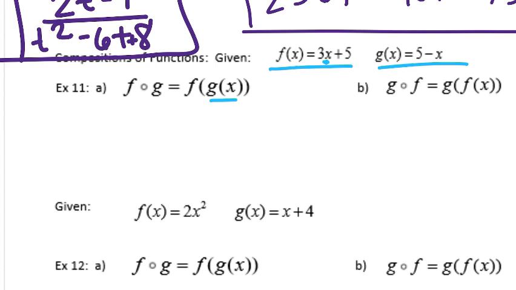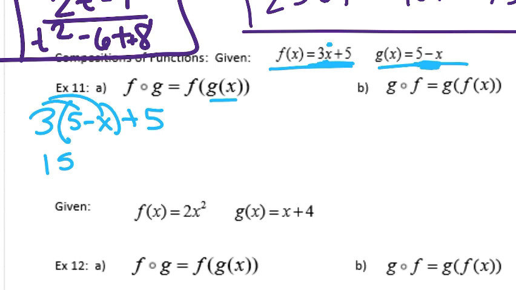So that is going to be 3 and then 5 minus x plus 5. Because we're using this function right here, but every time we see an x, we're going to plug in this. So I distribute so I can simplify all the way down. Combine my like terms. So I get negative 3x plus 20.